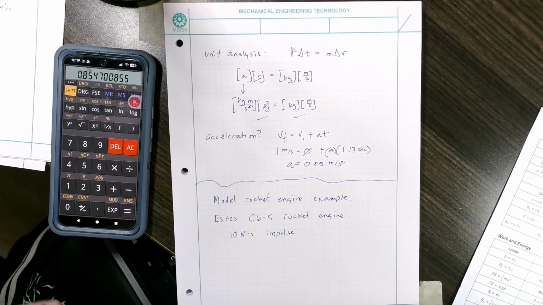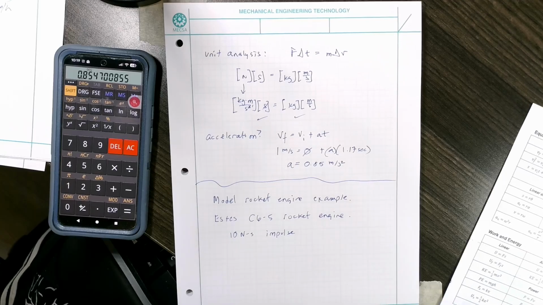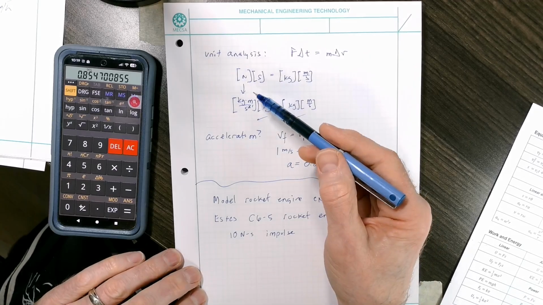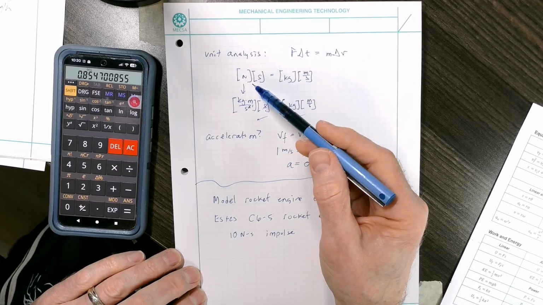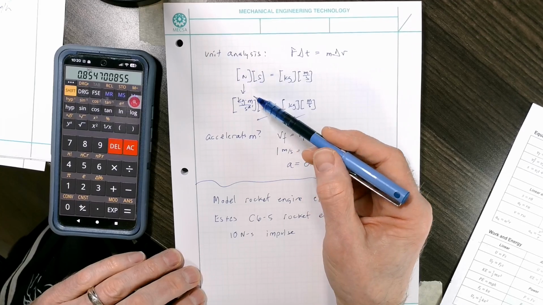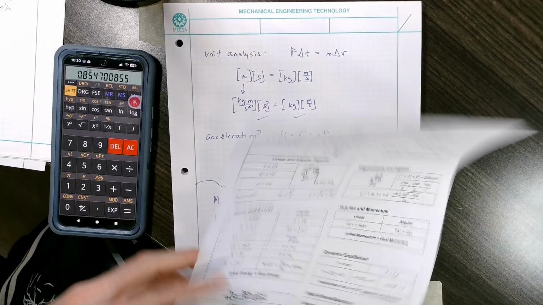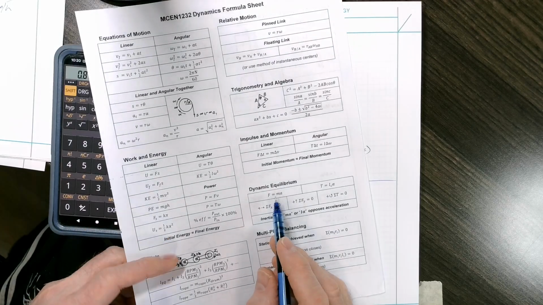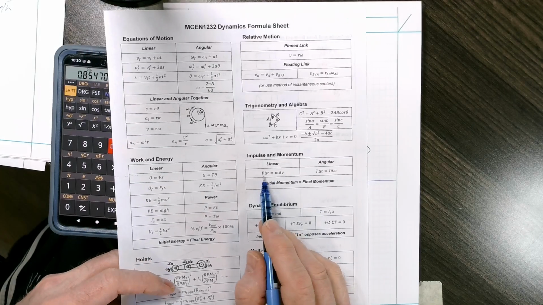Well, hey, hang on a second here. That's not the force or the time. It's the impulse. It's Newton second. It's the left hand side of the equation. So right off the website for the rocket engine company, the impulse is given.